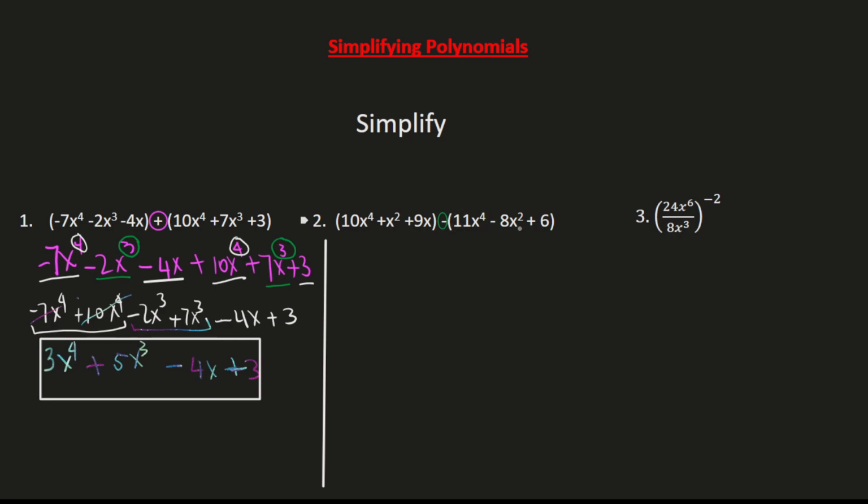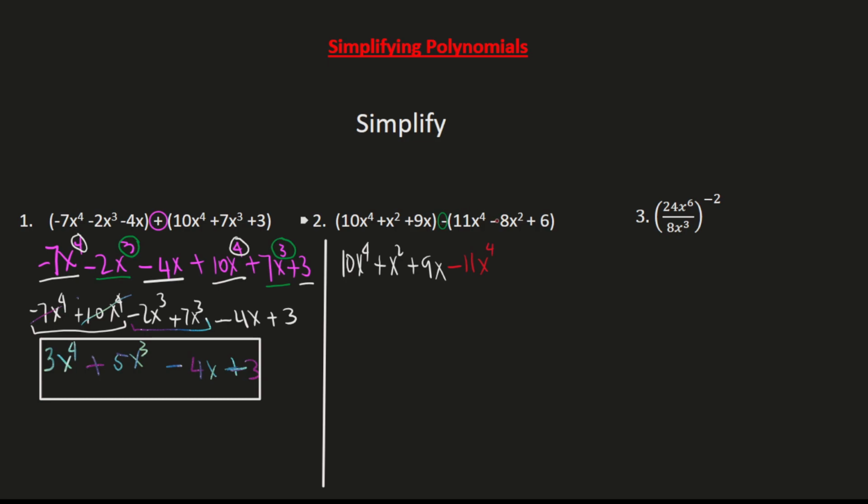So everything here, because it's minus on the outside, all the terms inside of those parentheses will be the opposite of what we have now because of the minus sign. So we get 10x to the fourth plus x squared plus 9x, and here we get minus 11x to the fourth.